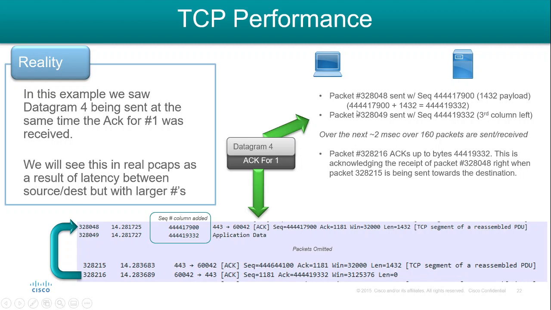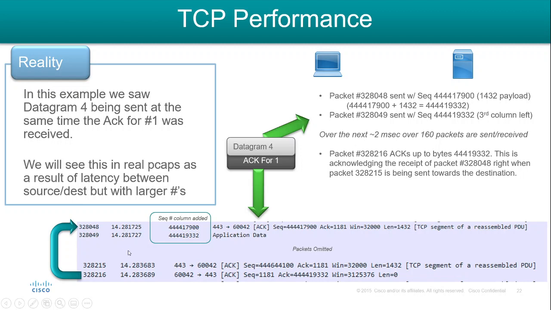This means if I add the starting sequence number plus the payload, this is the acknowledgement number that would be used to say that, yes, I got this specific frame. It's also why the next packet from the source starts with this very sequence number, because this one is picking up where the previous packet left off.